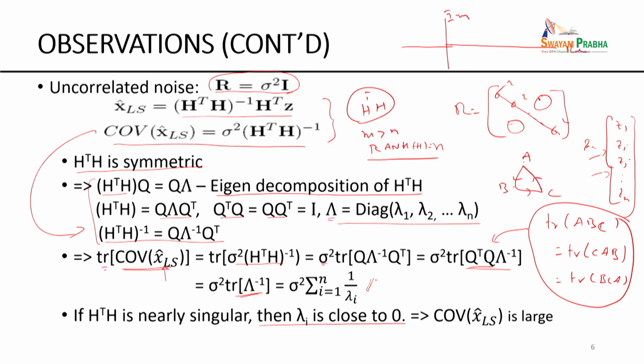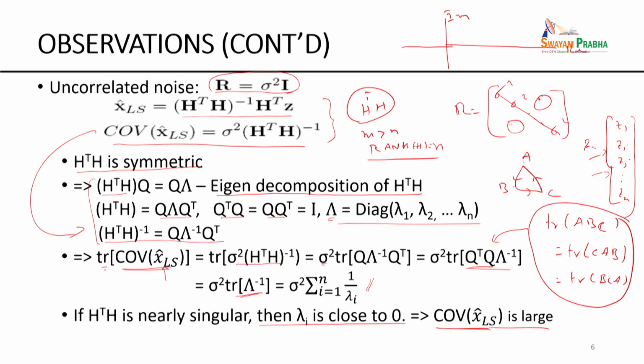That means 1 over lambda becomes very large. So if the eigenvalues are very close to 0, what does this tell you? The total variance, which is the trace of the covariance, becomes large. If the variance becomes large, what does it mean? The estimate is unreliable. The estimate has a lot of spread.